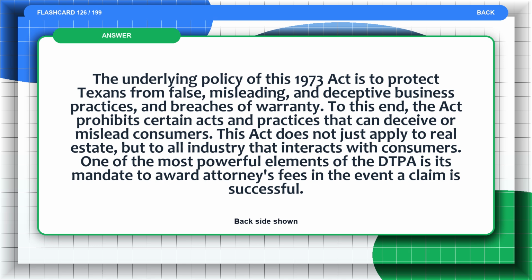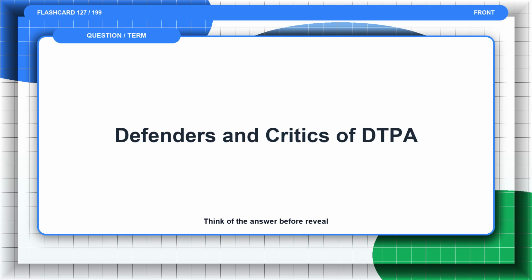To this end, the Act prohibits certain acts and practices that can deceive or mislead consumers. This Act does not just apply to real estate, but to all industry that interacts with consumers. One of the most powerful elements of the DTPA is its mandate to award attorneys' fees in the event a claim is successful.